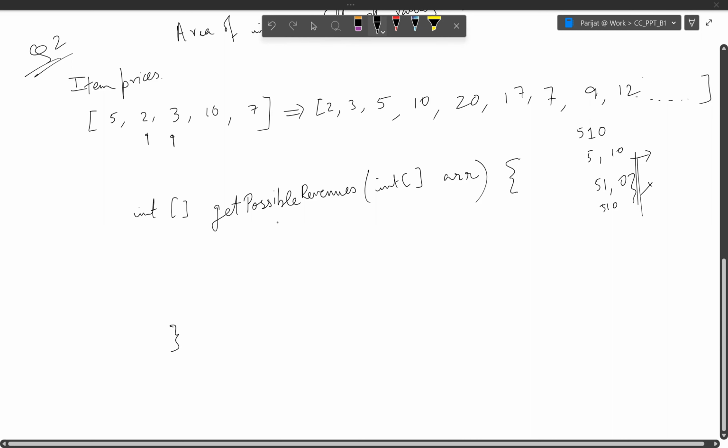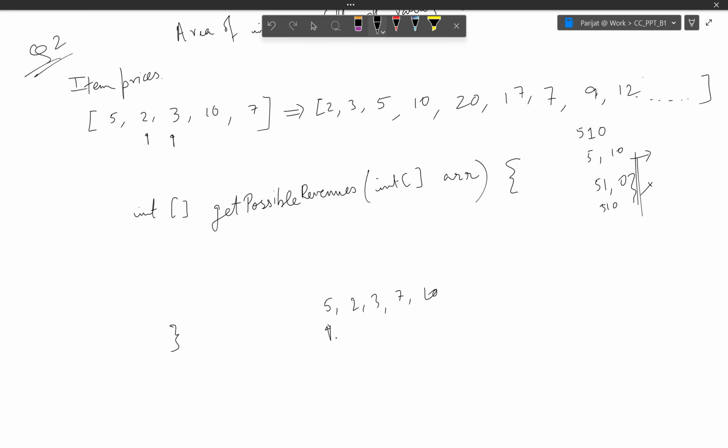When you have to look at all possible subsets, you say that each element will be either part of the subset or not part of the subset, right? So if you keep this as a part of the subset, other elements we don't care about, then you have some set of X combinations.